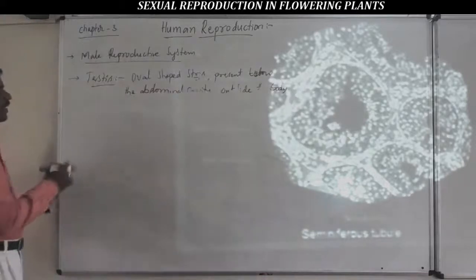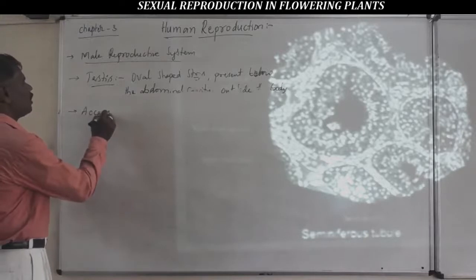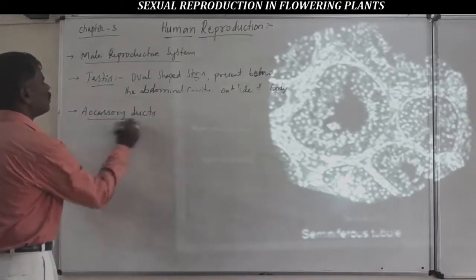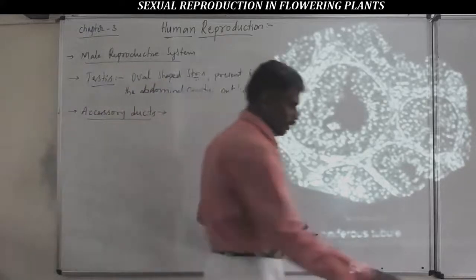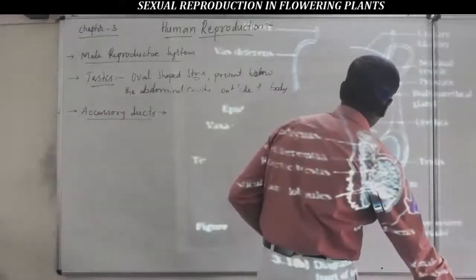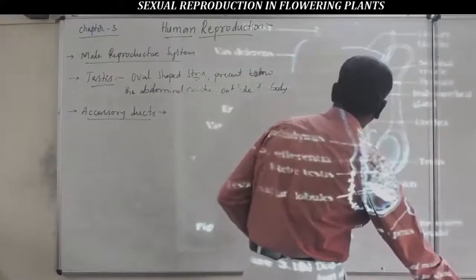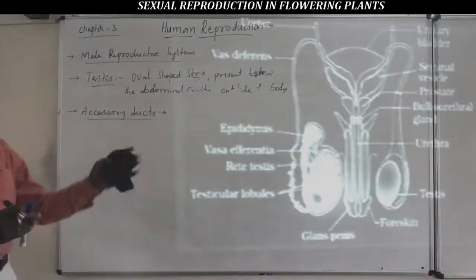After the testis come the accessory ducts. As the diagram shows, there are four accessory ducts.